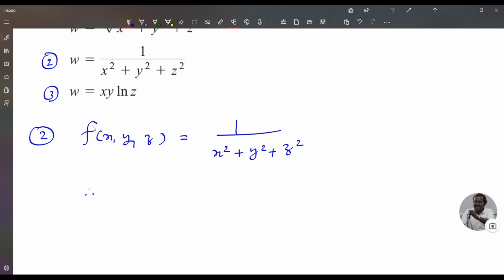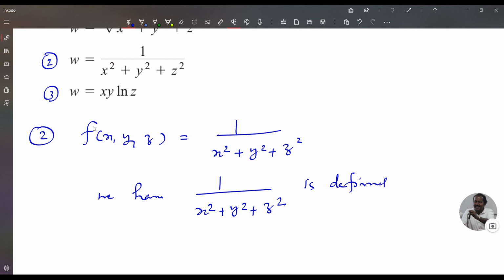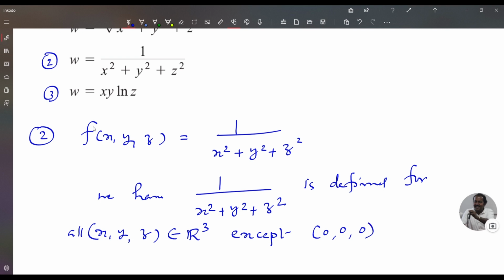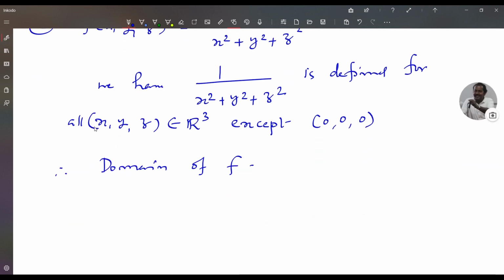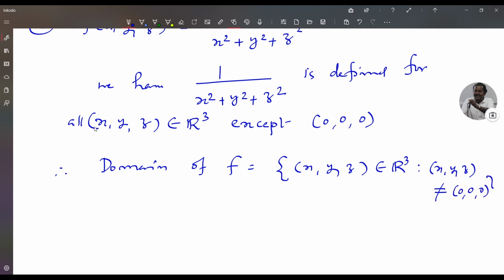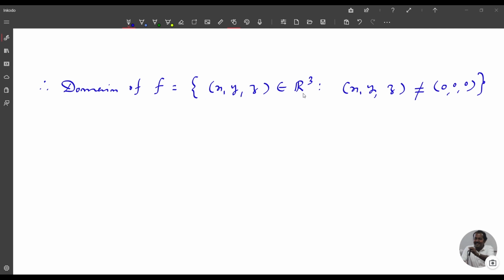Therefore, domain of f is set of all x, y, z in R3 such that x, y, z not equal to 0, 0, 0.